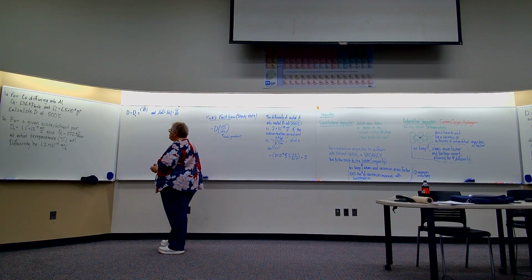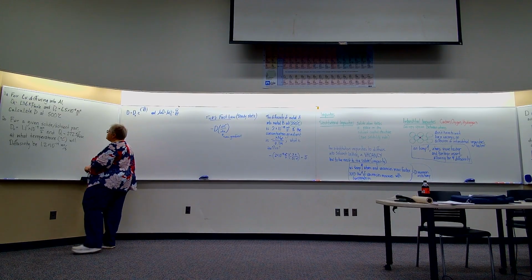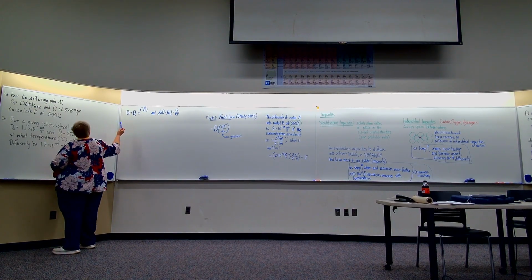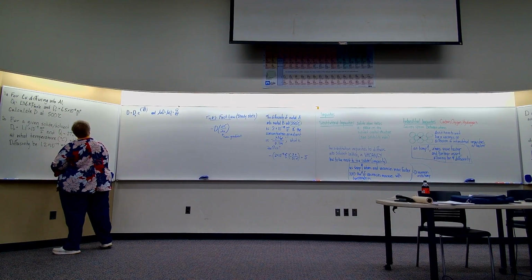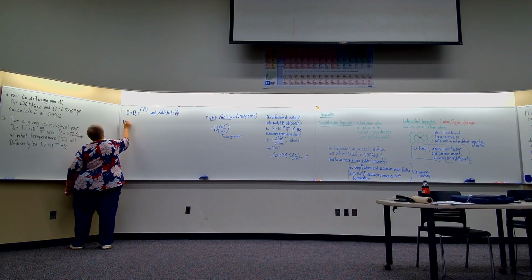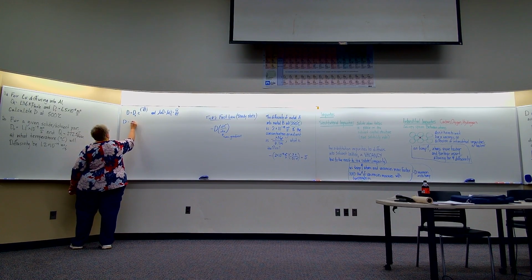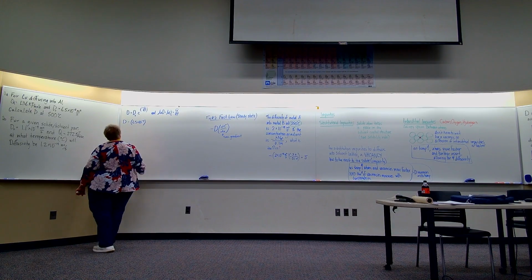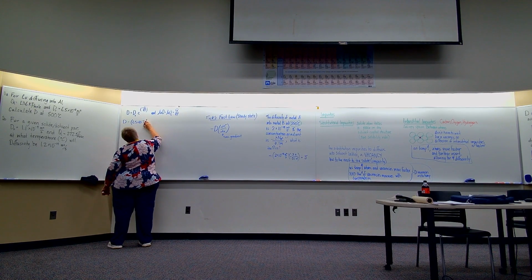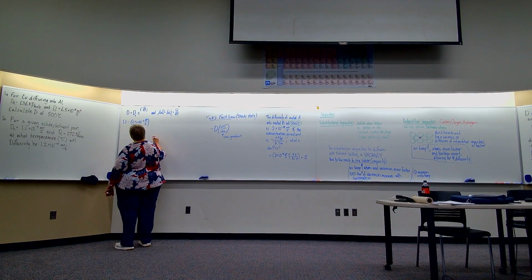All right, so for the first question, we could just write the equation in the simplest form. And we could say D is equal to D0, 6.5 times 10 to the negative 5. Let's go ahead and put those units. And then e to the minus Q, 136.